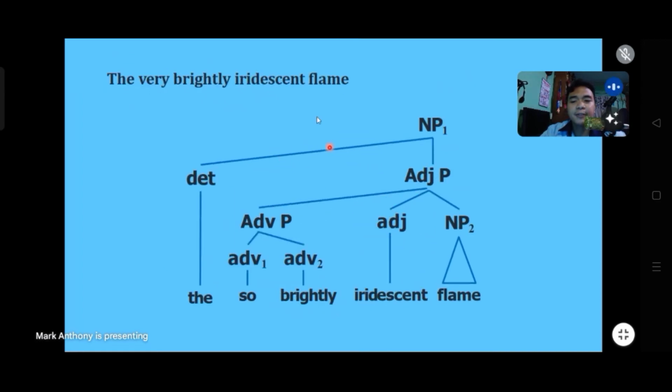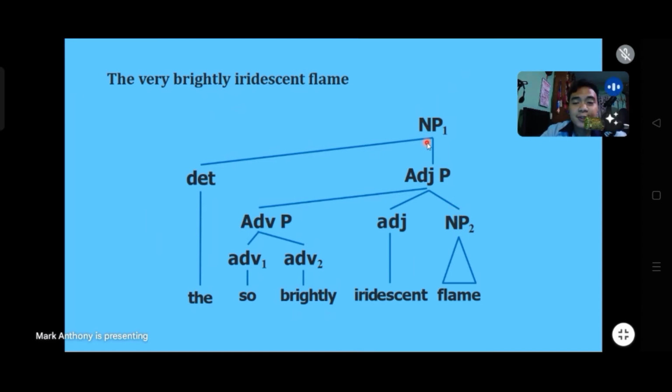But what if there's another adverb added to the sentence? So again, let's analyze the phrase structure tree. Again, there we have NP, but there's a superscript that says number 1, because there are now two noun phrases present in the sentence.